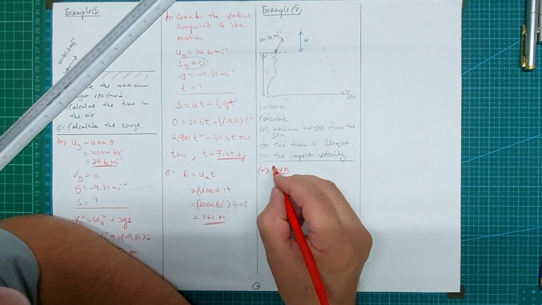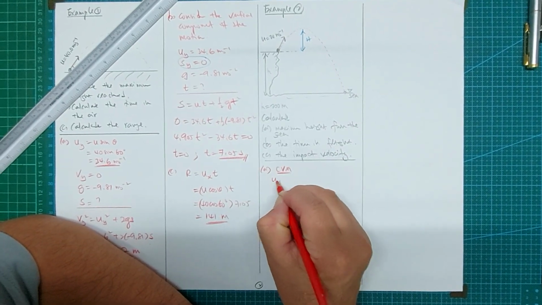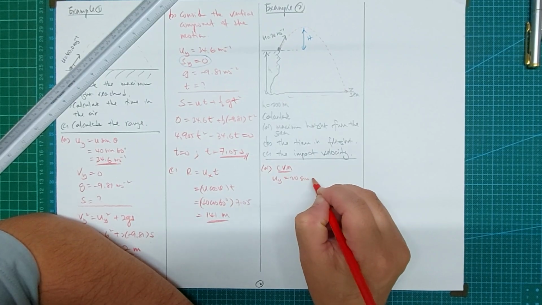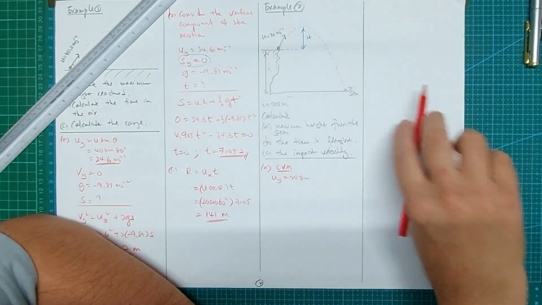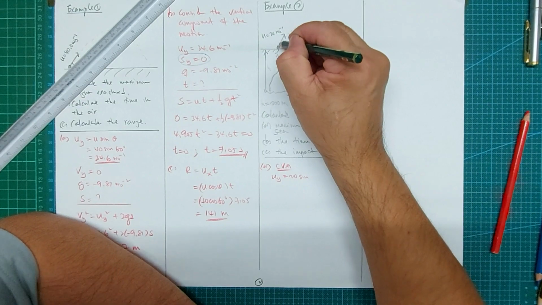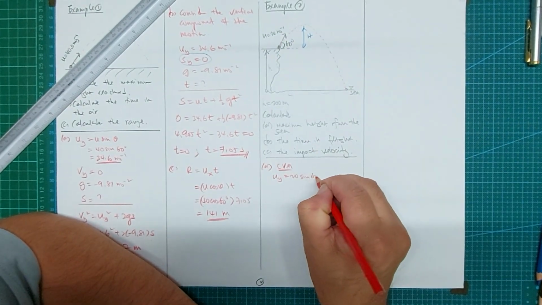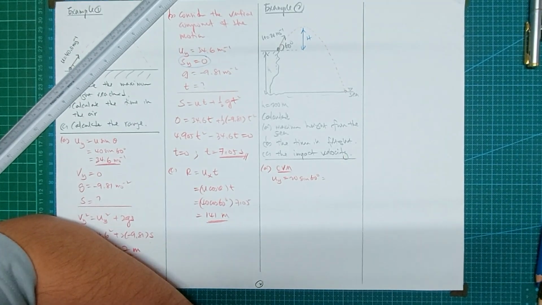So we need uy, which is equal to 20 sine, the angle here is 60 degree. So we have 20 sine 60. See what you get.